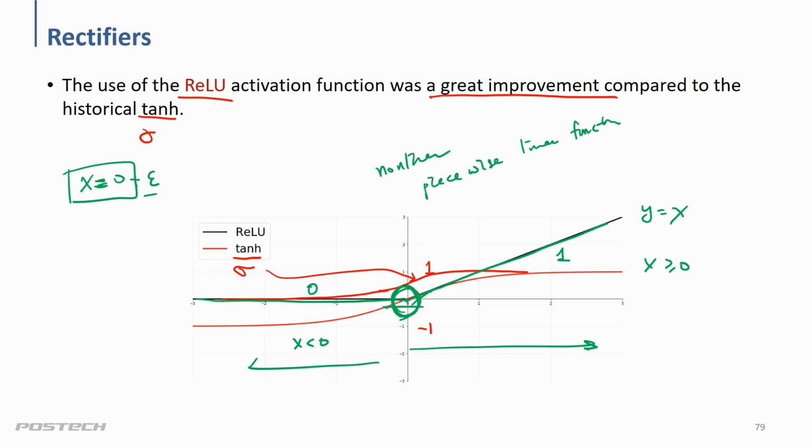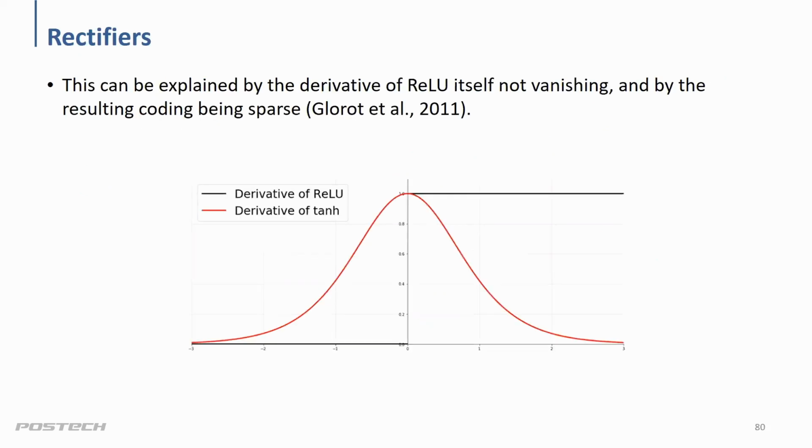So it's fail-safe. And the good thing about it is if you take the derivatives, it's 1 and 0. It's like on and off.